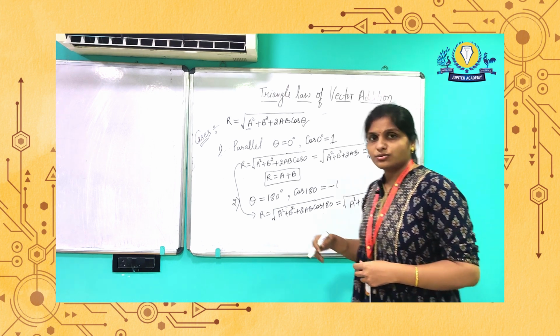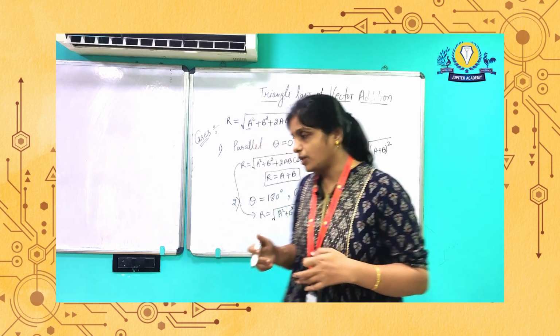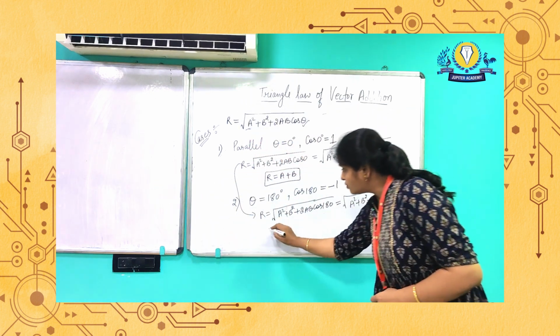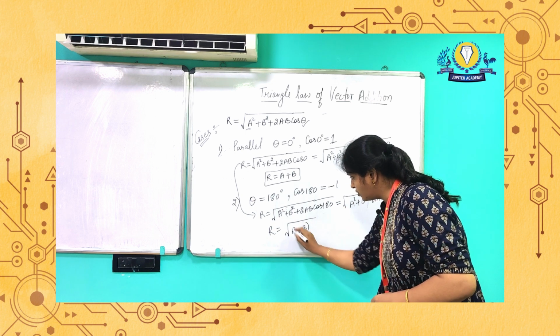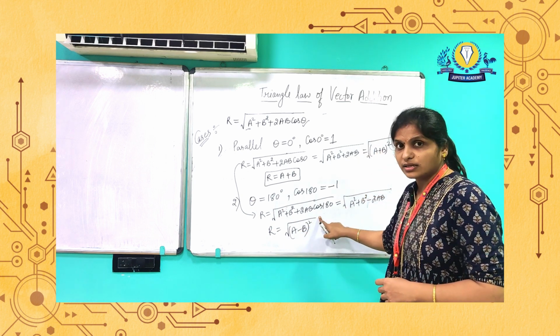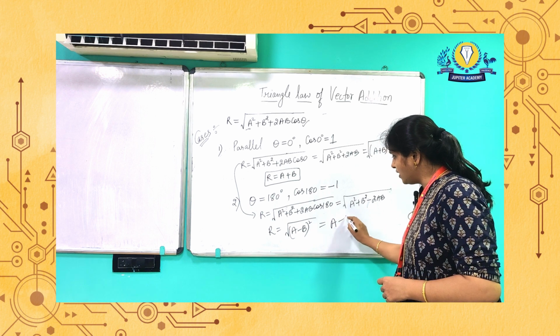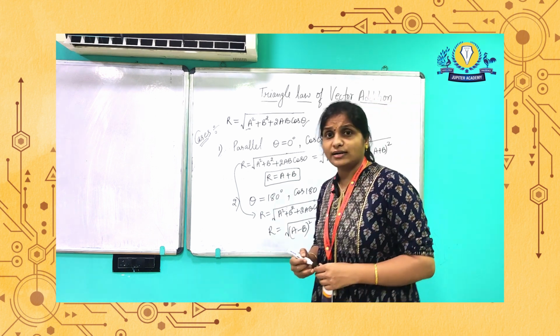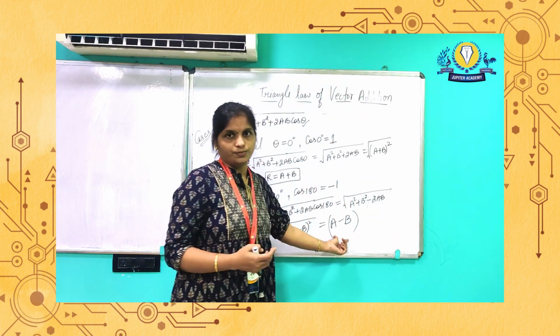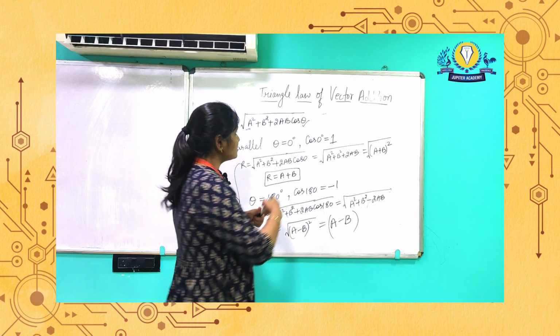What is this? A square plus b square minus 2ab. It is the (a minus b) whole square, right? So r will be under root of (a minus b) whole square. The square will cancel this under root, so the resultant will be a minus b. That's why in the starting I told that when two vectors are acting in opposite direction, their resultant will be the subtraction of the two.